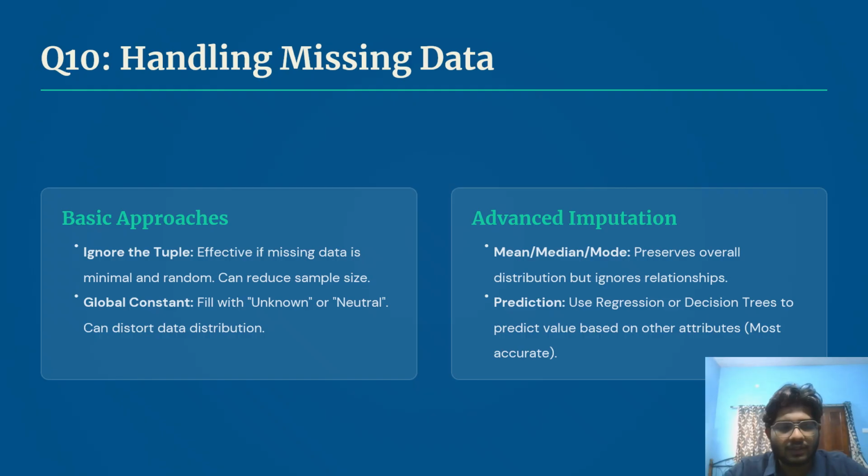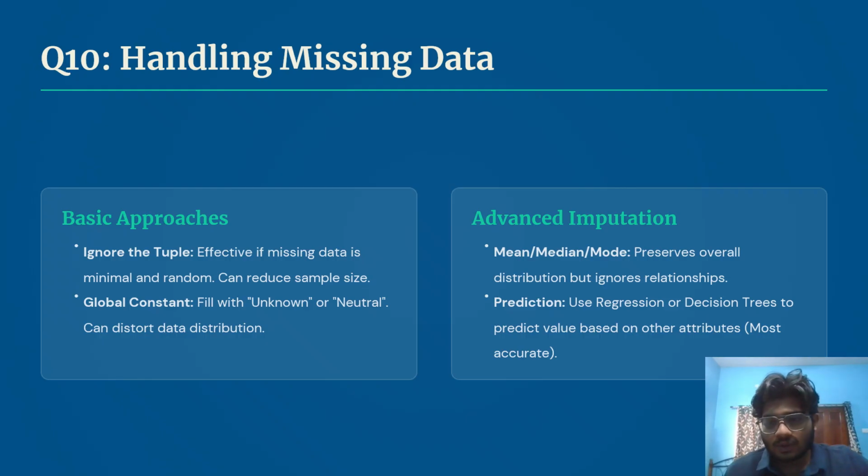This is done using models like regression or decision tree, and it's generally the most accurate, preserving subtle relationships within the data. Now we know all four methods to handle missing data. Basic approaches: ignore the tuple and global constant. Advanced imputation: mean, median, mode, and prediction.